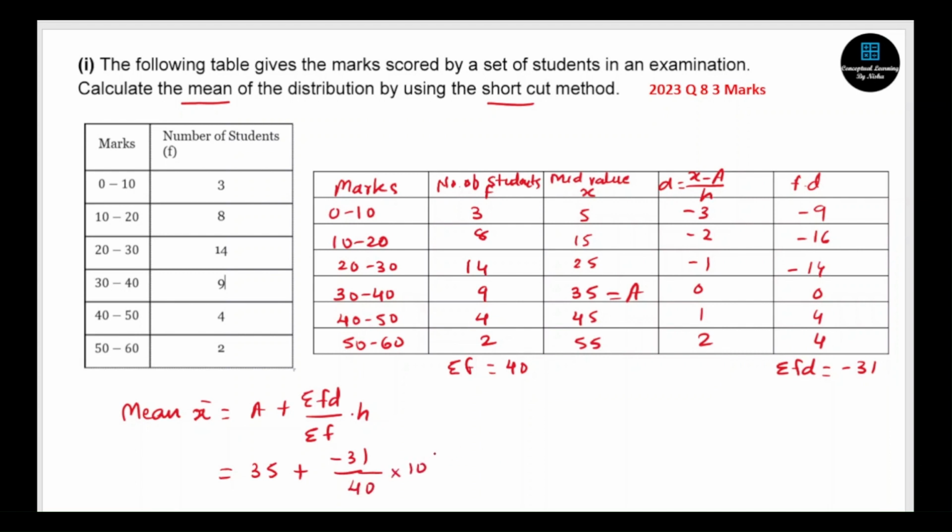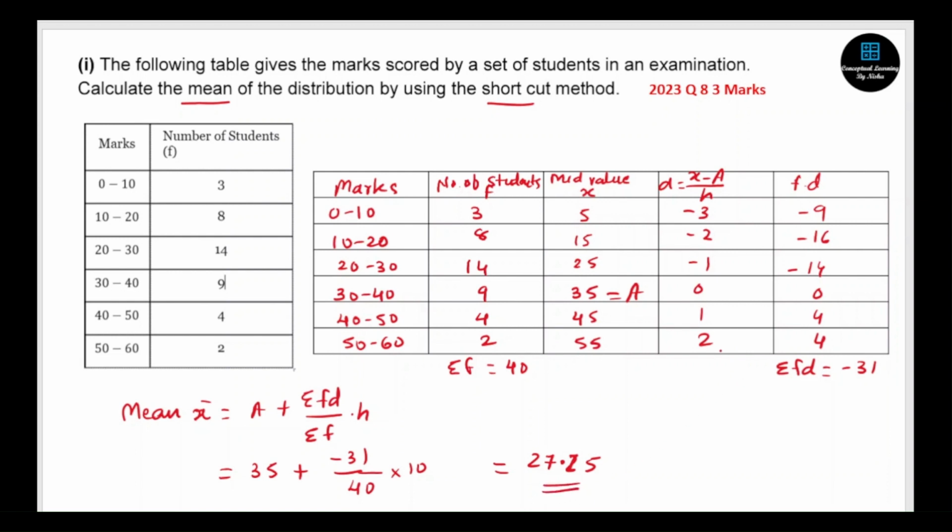If you simplify, cancel 0 first, then you'll get negative 31 upon 4. And when you simplify that, we'll get 27.25.